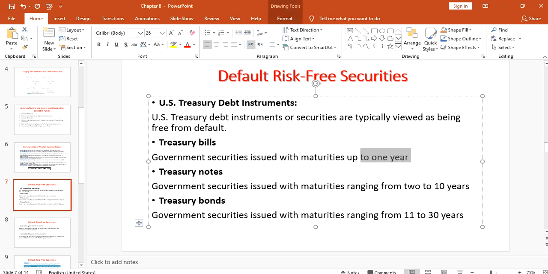Treasury notes have from 2 years, more than 1 year, to 10 years. Treasury bonds from 11 to 30 years. And why is it risk-free? Because there is no risk that the US government will not pay you back. They are not going to default. So that's why default risk-free securities are the US debt securities.